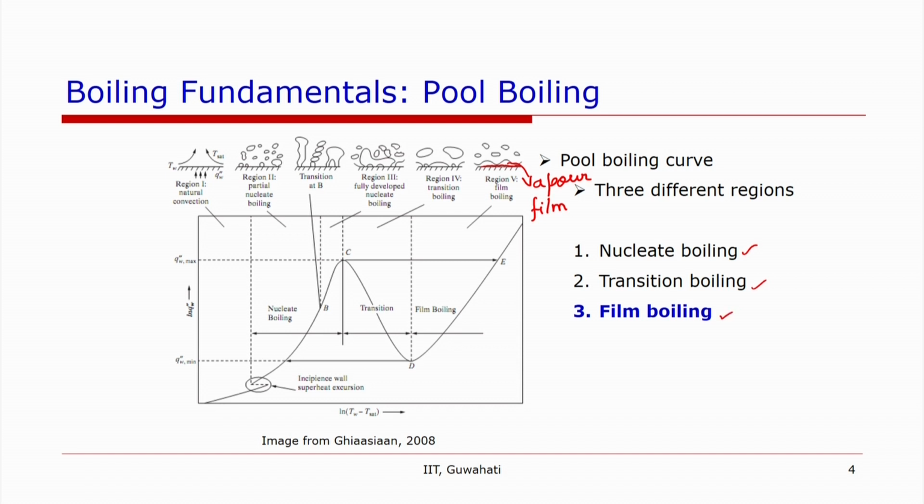While the transition boiling is the transition from the nucleate boiling to film boiling, in the nucleate boiling the bubbles nucleate, or the bubbles form at the solid surface if it is heterogeneous nucleation, and these bubbles will grow and release from the surface.